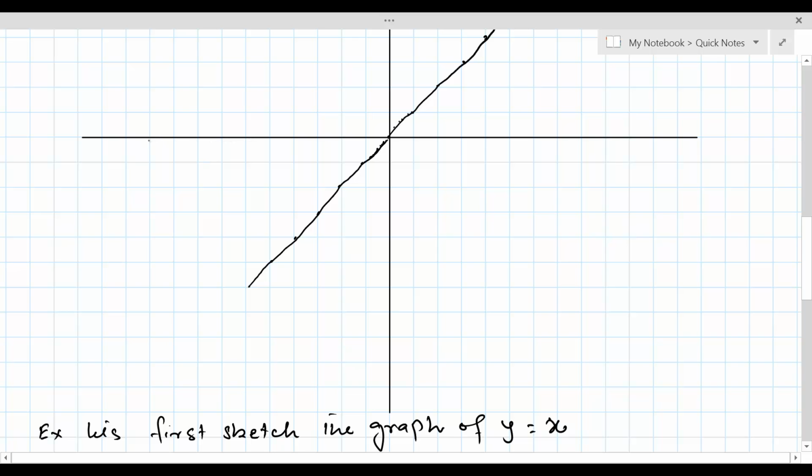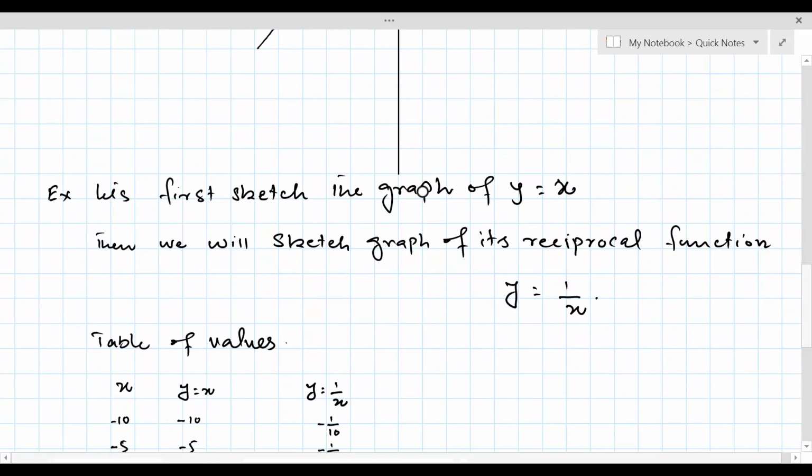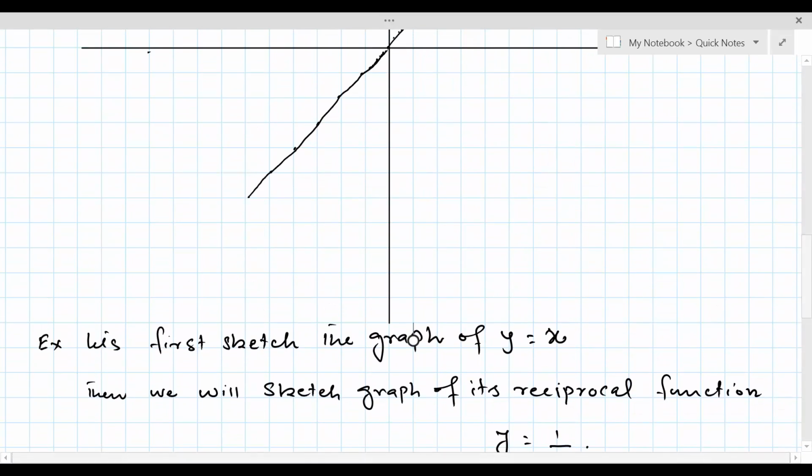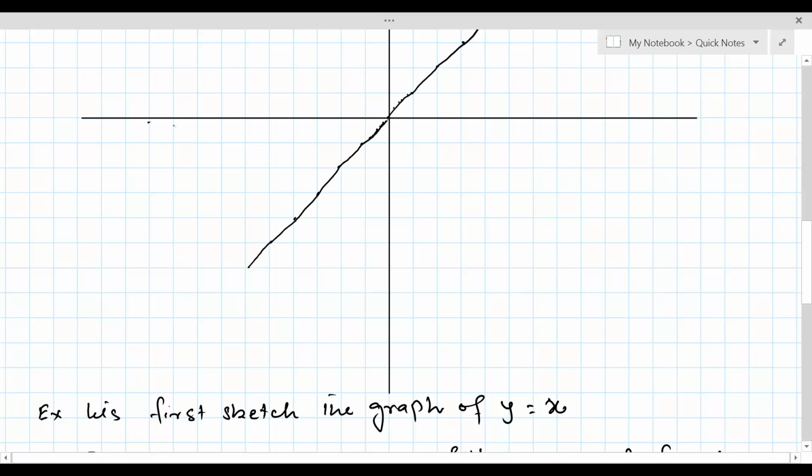Minus 1 by 10 is very, very close to this line. Similarly, as we go to minus 5, it becomes minus 1 by 5, a little away, but not much difference.